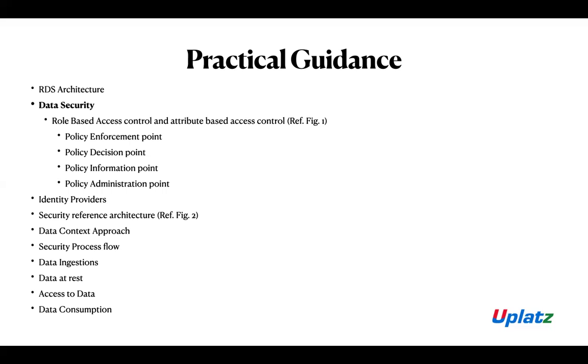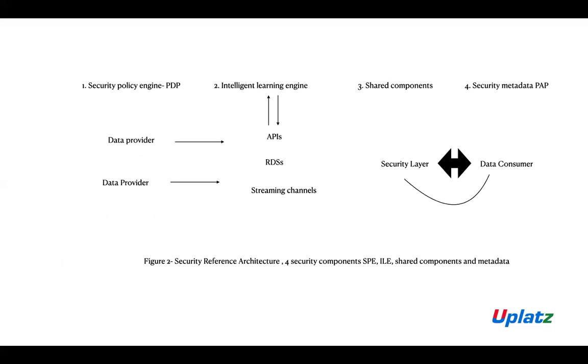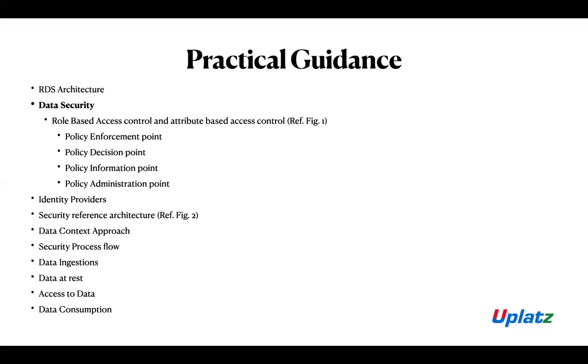The next is security reference architecture. For this, we have to refer to this figure. So security reference architecture and data context approach, these two points we are going to discuss together. Now these are the two building blocks for securing the data layer and solving the complexity of the exponentially growing amount of data, its attributes and the security rules attached to it.